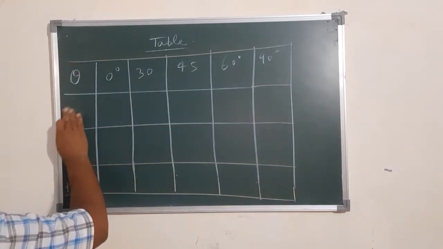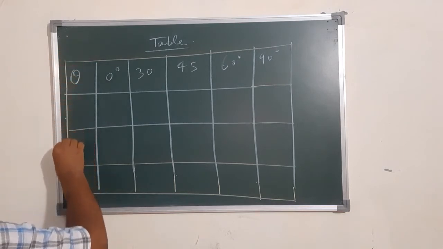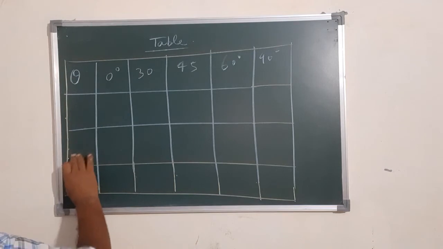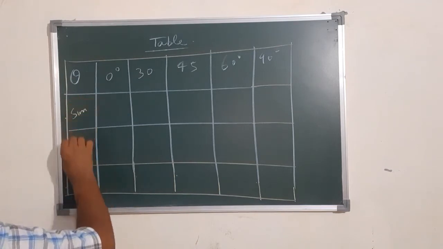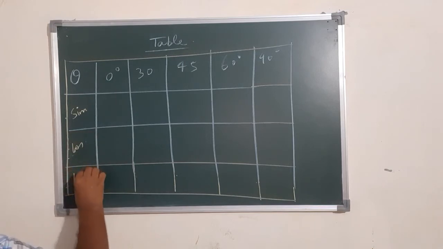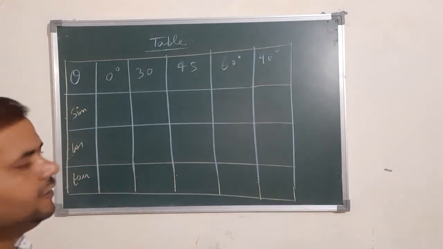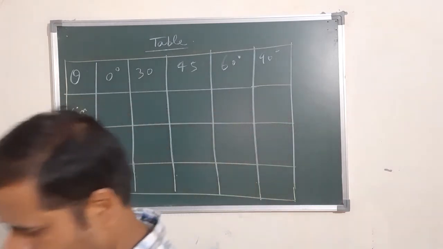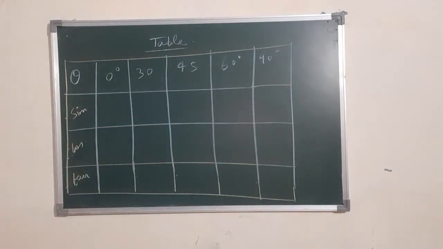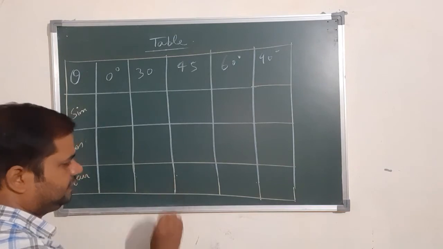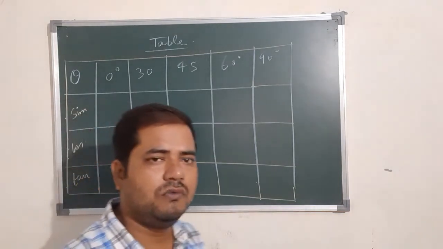This is the table for sine theta, cos theta, tan theta at 0 degree to 90 degree. So first we write the values, and afterwards I will tell you how we find them.